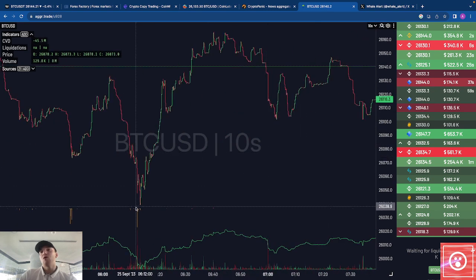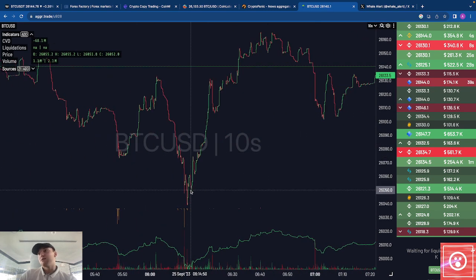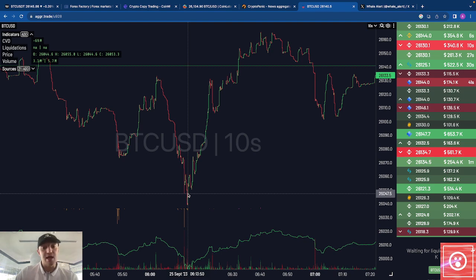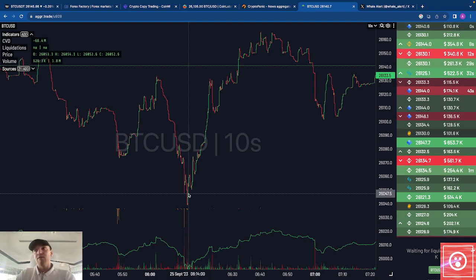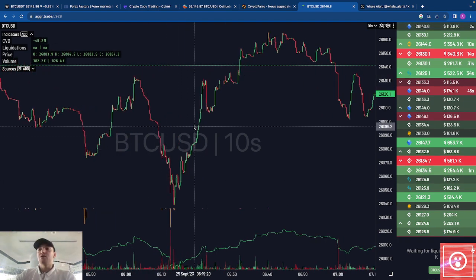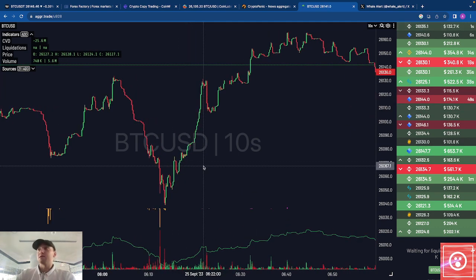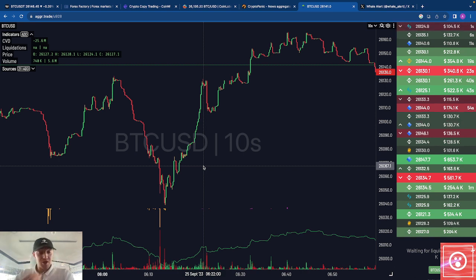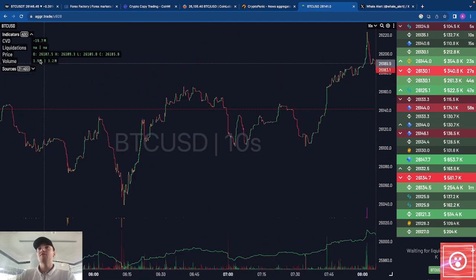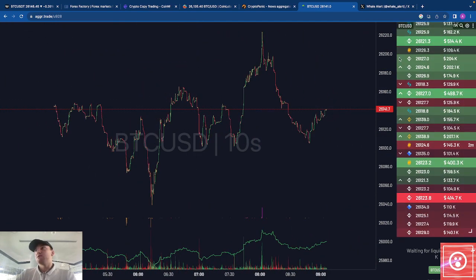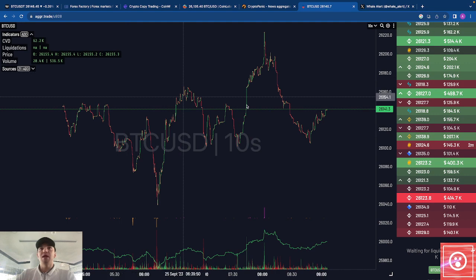Same with here, longs were getting liquidated at this level, 26K, and we know that 26K is a psychological level. So you could have actually placed a long there based on that. But yeah, it looks like price is coming up now. But yeah, this is what I like to use for scalping. It is a bit confusing, but it is something that you can just play around with.